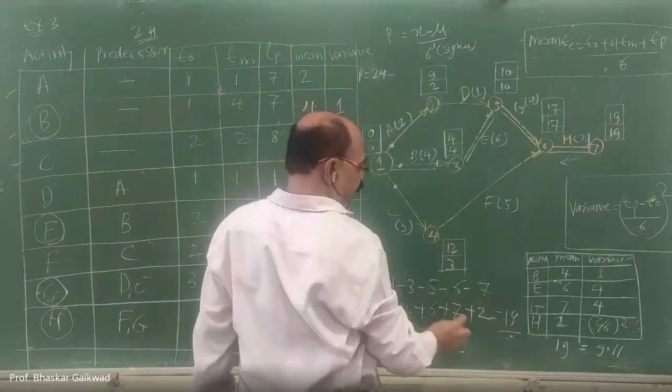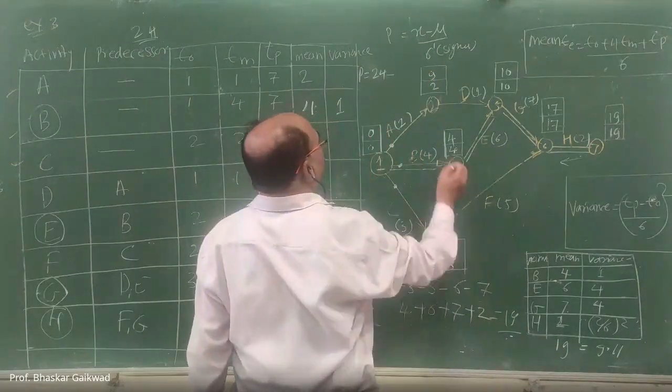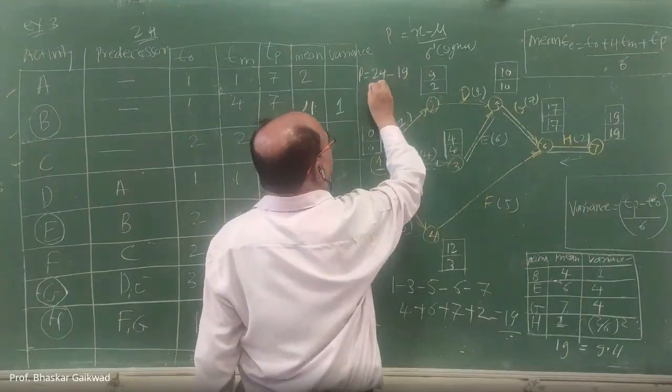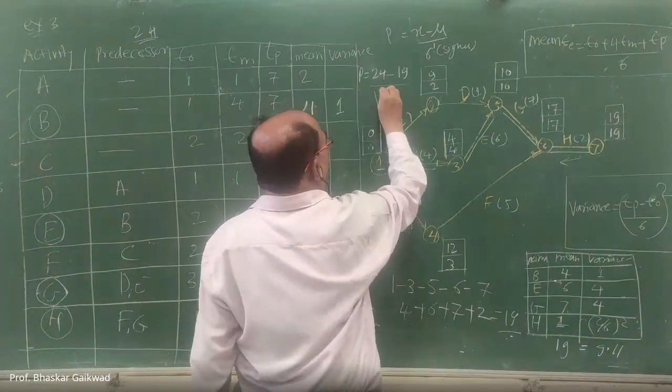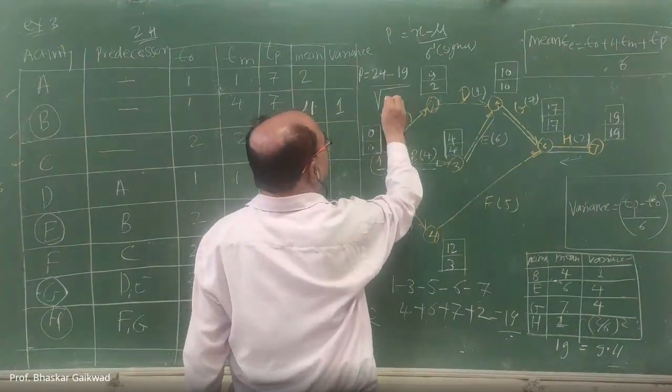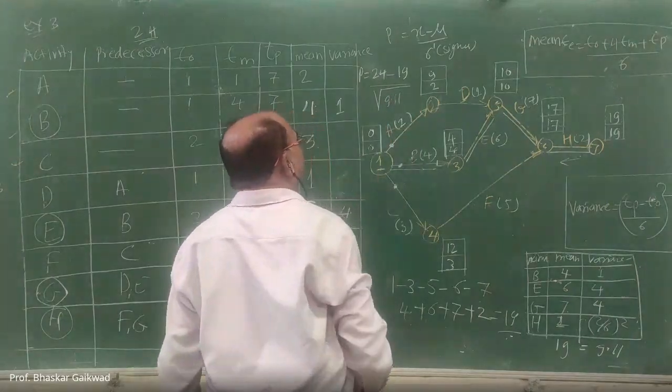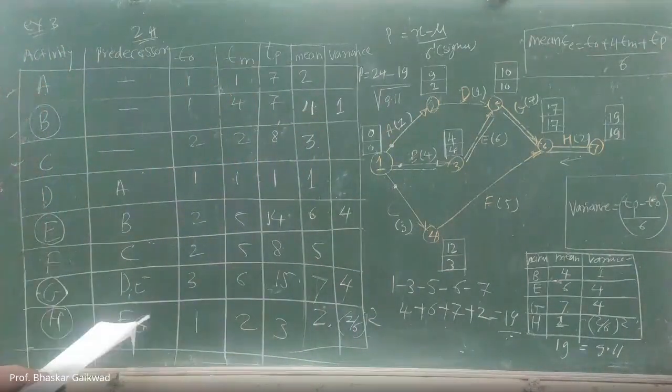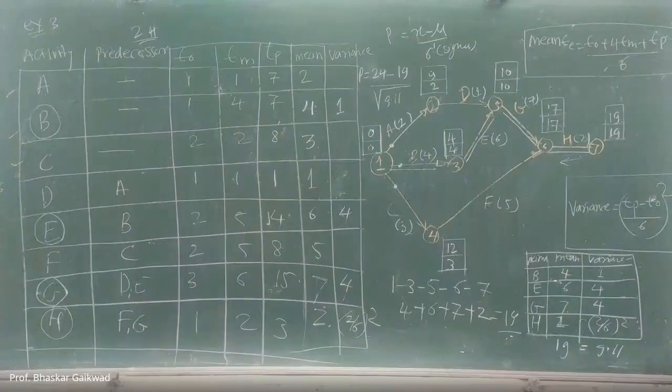And what is mu? Mu is the total mean, 19, divided by the root of the variance, root of 9.11.